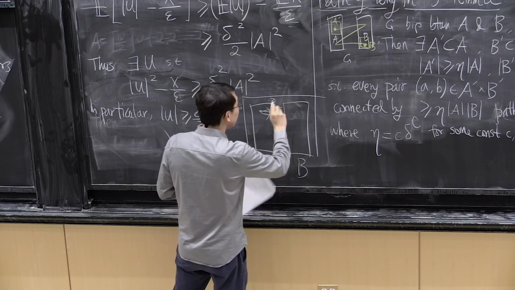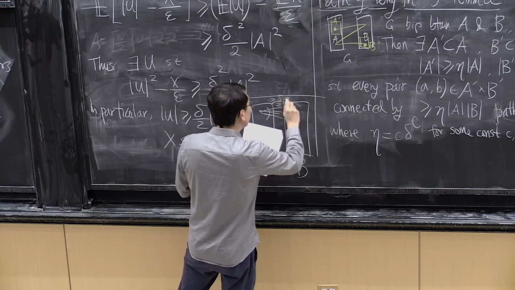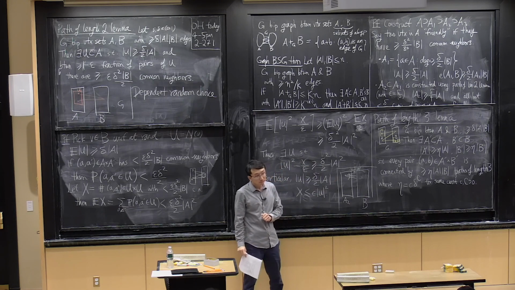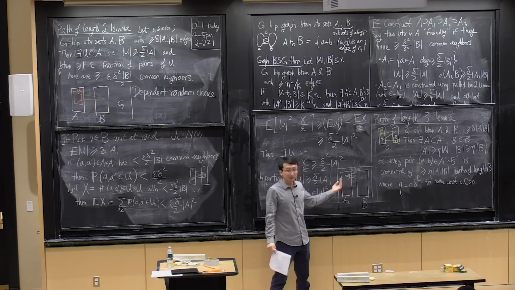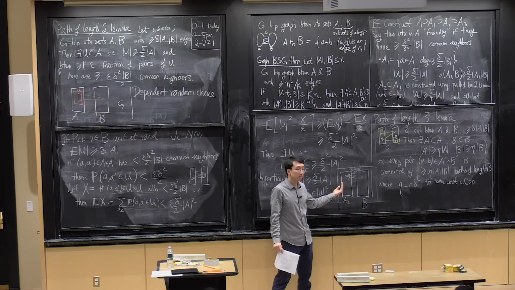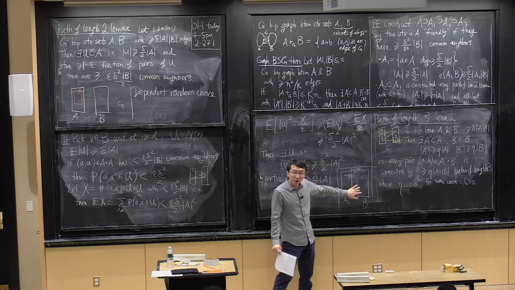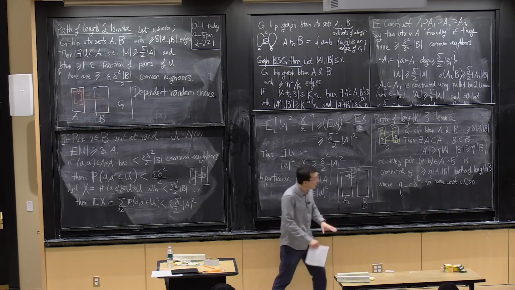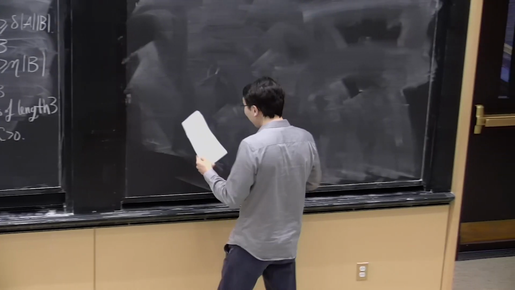Right? So there's this minimum degree condition from every vertex on the left. So the average degree is still very high. As a result, the average degree from B is going to be quite high. So let's focus on the B side and pick out vertices in B that have high degree.